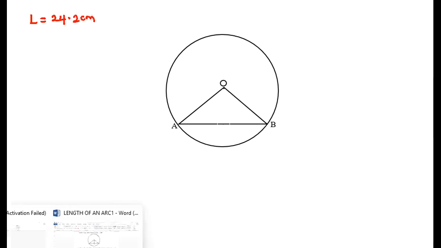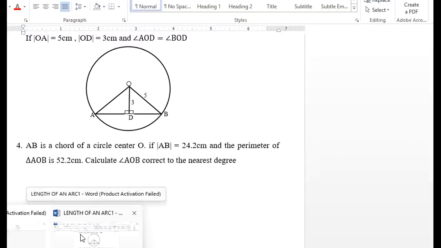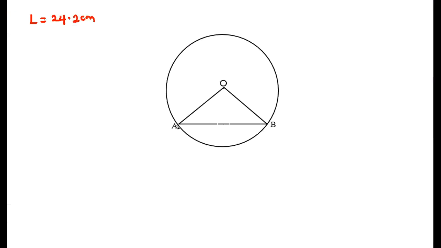Okay, so what other information do we have there? And the perimeter of the triangle AOB. Okay, the perimeter. Now, from primary school, you were taught how to find the perimeter of a triangle. That is just simply adding the three sides. Yes, adding the three sides. And this is a circle having a center, so of course, here should be the radius.